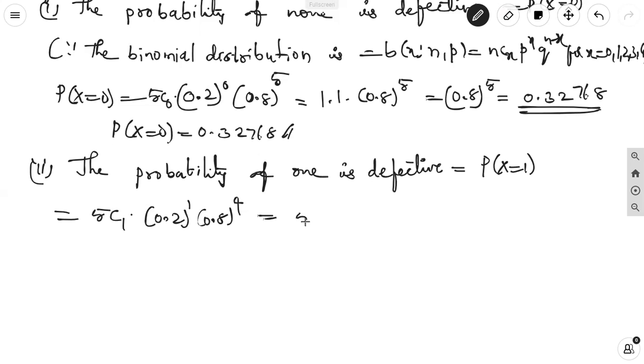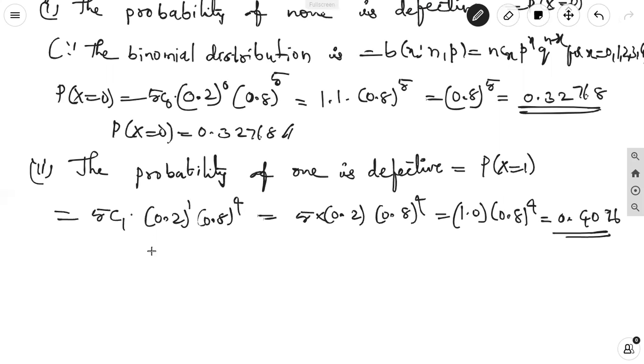We know that 5C1 value is 5 into 0.2 into 0.8. 5 into 0.2, that is 1.0, into 0.8 whole power 4. After the calculation of the decimals, we are getting 0.4096. Therefore, probability of one defective is equal to 0.4096.